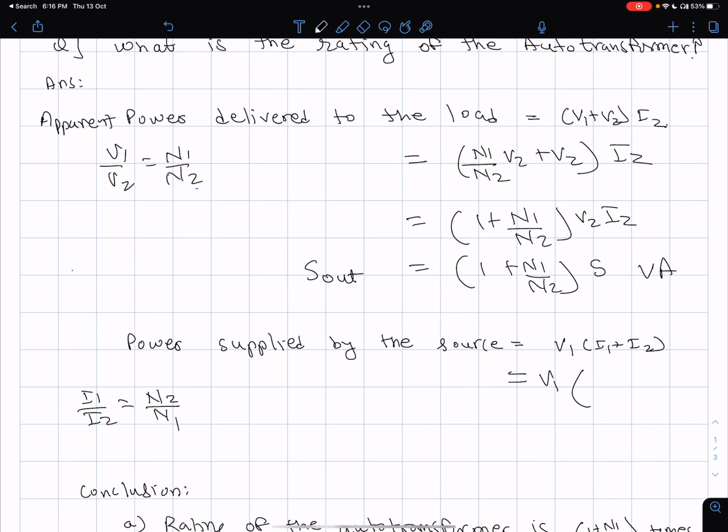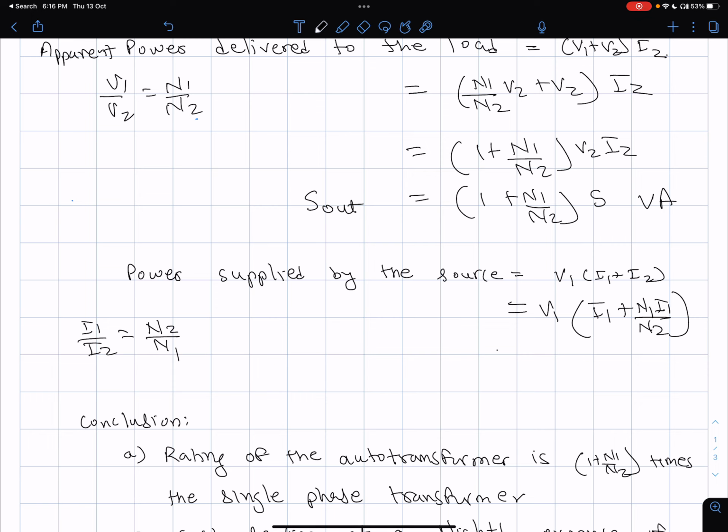So this will become V1 into I1 plus N1 I1 by N2, which follows from the MMF balance principle, which is equal to V1 I1 into 1 plus N1 by N2, which is again 1 plus N1 by N2 times V1 I1.